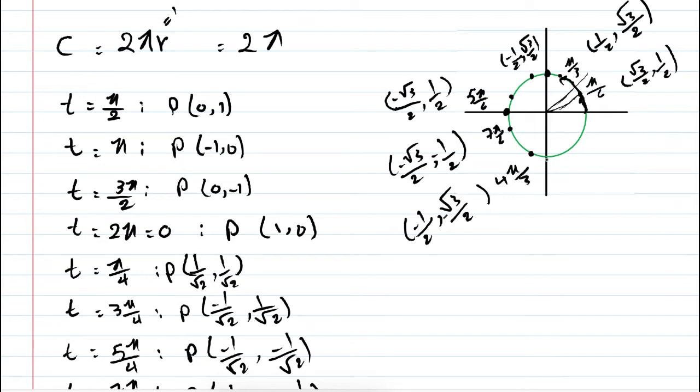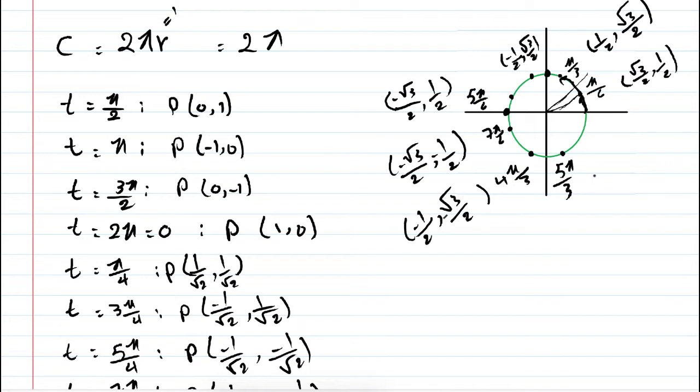Okay, 9 pi over 6 basically equals 3 pi over 2. The terminal point of it is 0 and minus 1. For 10 pi over 6, which equals 5 pi over 3, we will have the exact terminal point as 2 pi over 3. However, here we will have the y to be negative and the x to be positive.